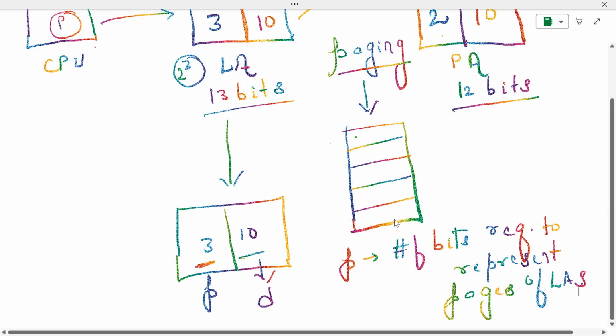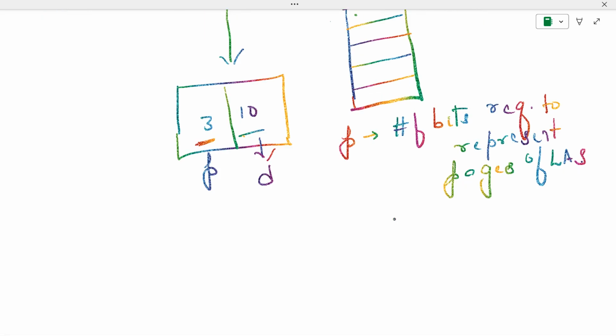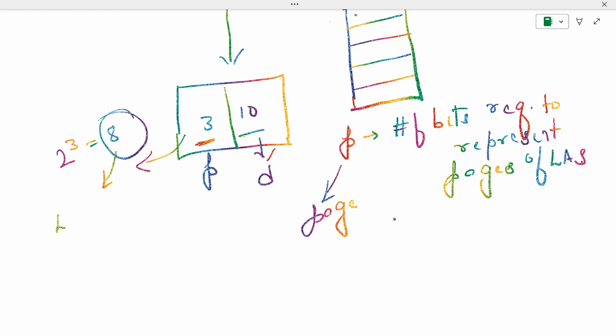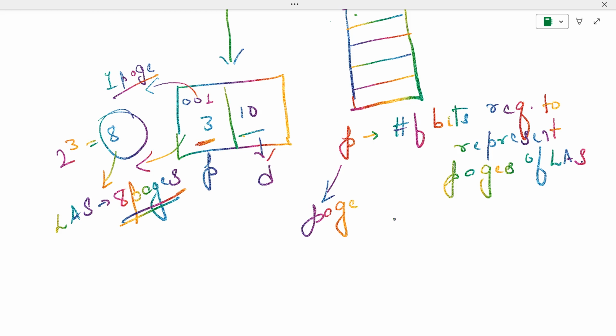LAS stands for logical address space, and P is also known as the page number. So 3 bits will denote how many pages? 2 raised to the power 3, that is 8 pages. This means that in the LAS altogether 8 pages will be present, right? For 8 pages, we will have different addresses. For example, if it is 001, then it denotes that the CPU wants the first page. So P denotes the number of bits required to represent the number of pages of the LAS, and it is also known as the page number.